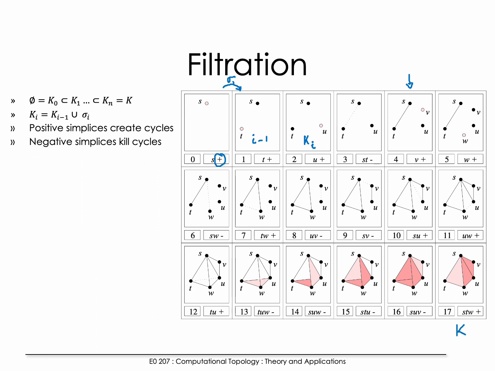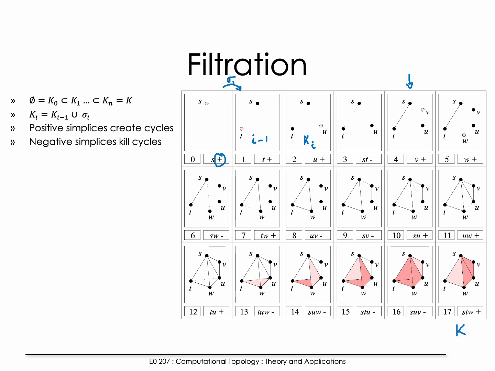So we will use the interpretation of the Betti numbers as the number of components, the number of 1 cycles, to immediately see whether a cycle is created or not. The insertion of ST reduces the number of components.